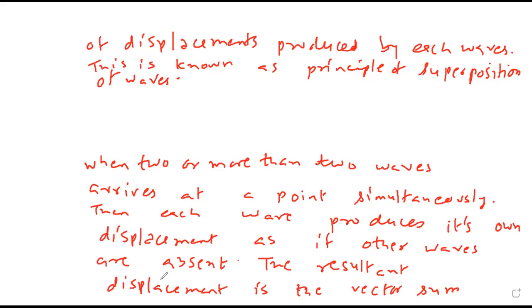So when two waves arrive at a point simultaneously, each wave produces its own displacement as if other waves are absent. The resultant displacement is the vector sum of each wave. This is known as the principle of superposition of waves.